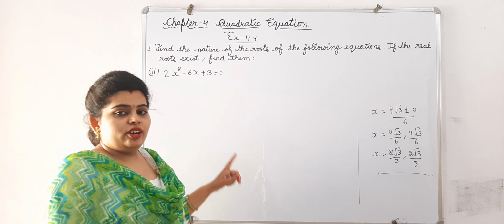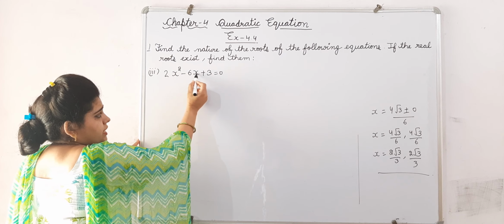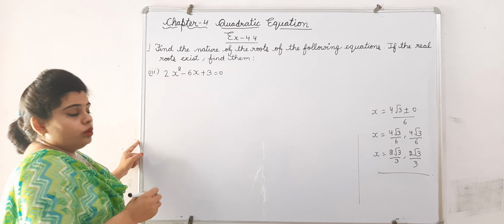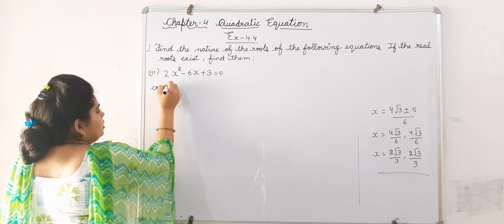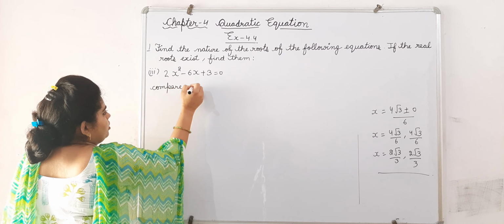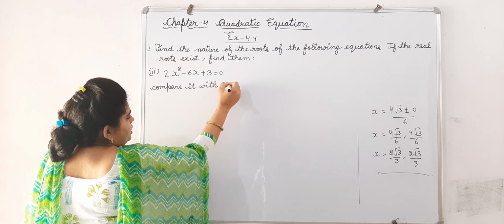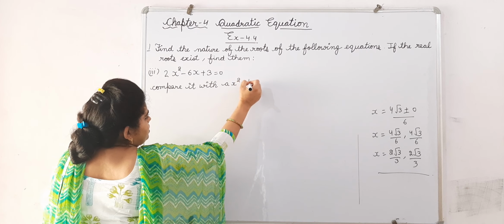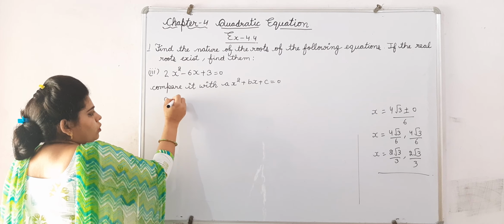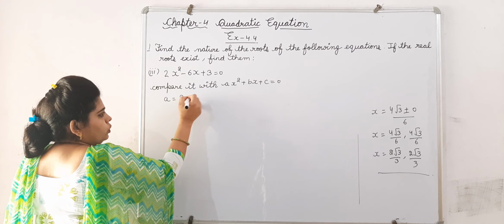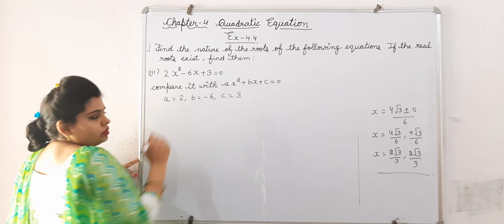Now the third part of question number first. It is given that 2x square minus 6x plus 3 is equal to 0. We will compare it with the standard equation ax square plus bx plus c is equal to 0. Now the value of a is 2, b is equal to minus 6, c is equal to 3.